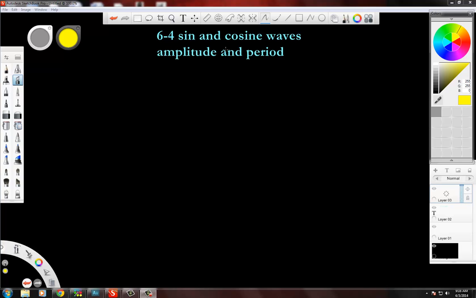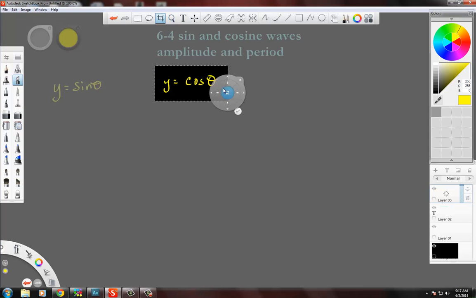Good morning. We're going to do sine and cosine waves, and specifically talk about amplitude and period. Just to do a little bit of review, we have done y equals sine of theta and y equals cosine of theta.